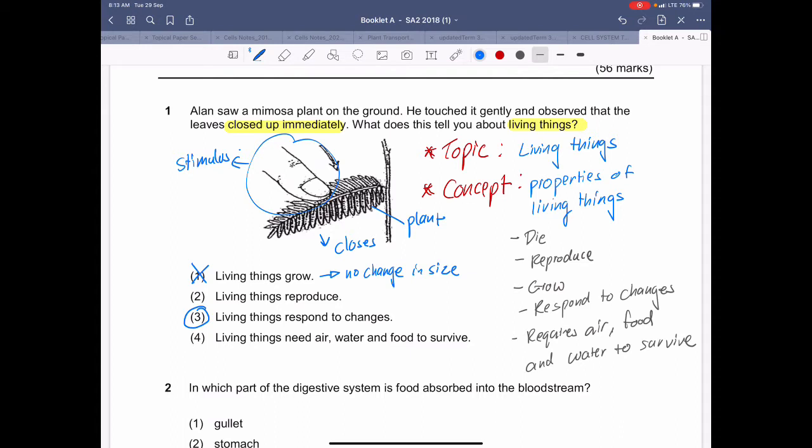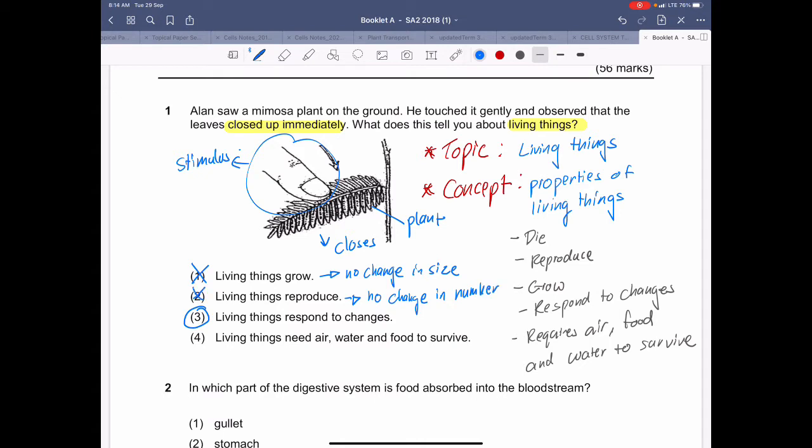So for example, there are 4 options here. Out of the 4 options, 2 are very obvious. Like for example, this is also no. Why? Because I don't see any change in number of organisms. So I know that this is also no. Very straightforward.